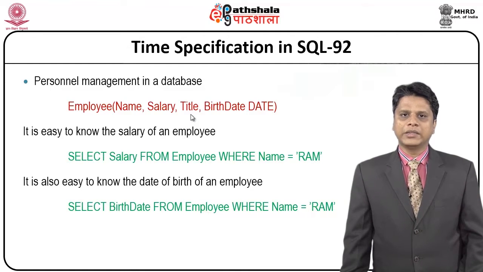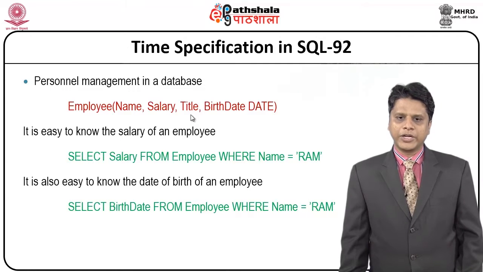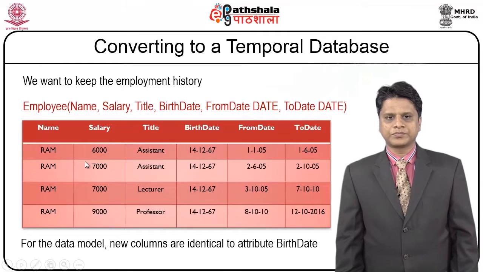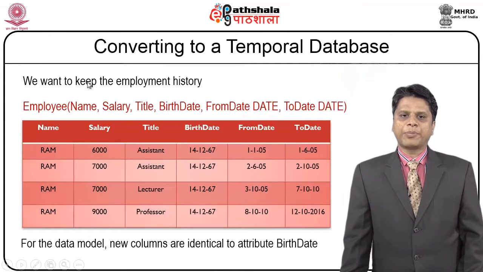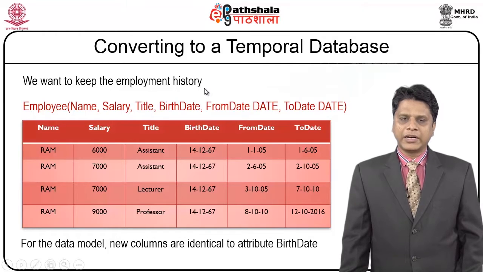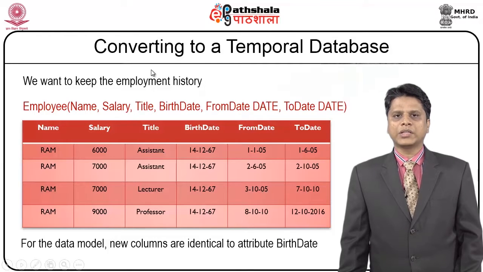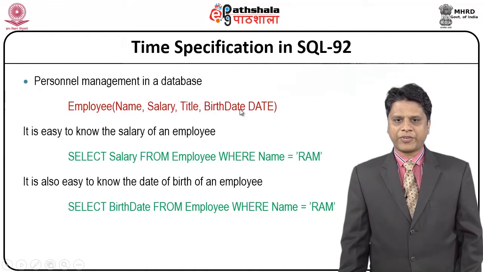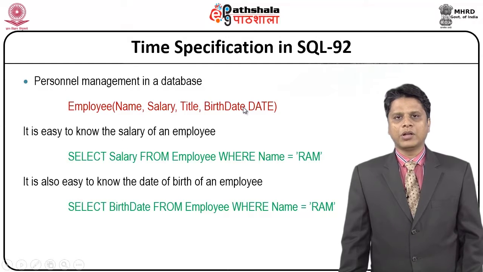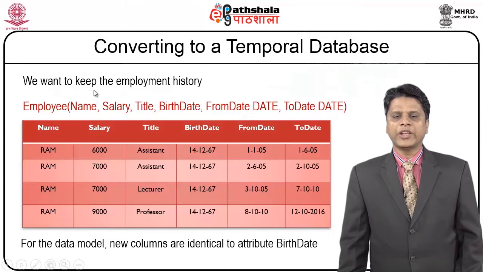Since all the attributes have only 2 digits, the birth date will be mentioned in this format. So we wanted to keep track of the employee history for the employee relation that we have already defined. Now how exactly do we convert a simple relation into a temporal database relation? We need to keep the complete history of the person.